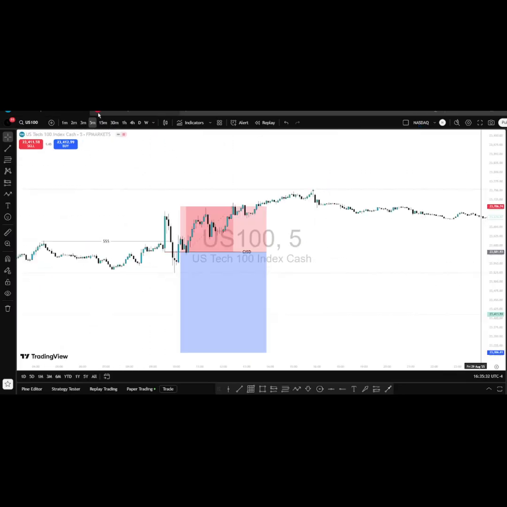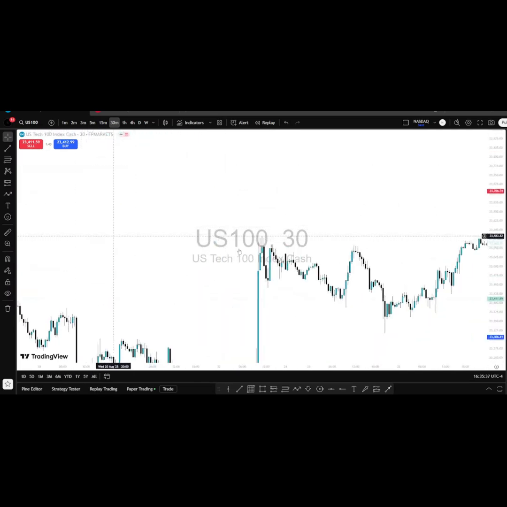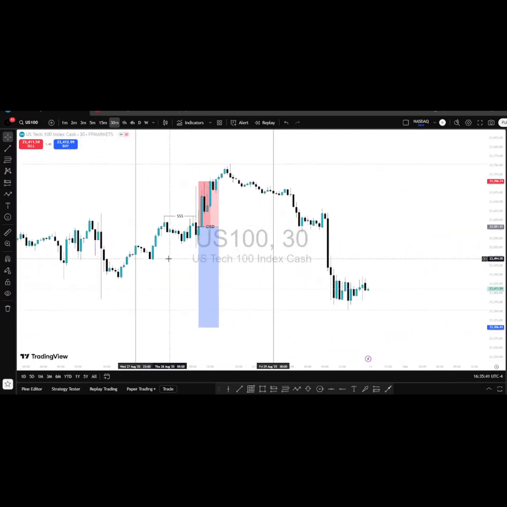So I should have waited for this set of up close candles to be closed down, so that I confirm that the reversal protocol has been triggered. And then after that, I would have gone to the lower time frames to hunt for my short setup.